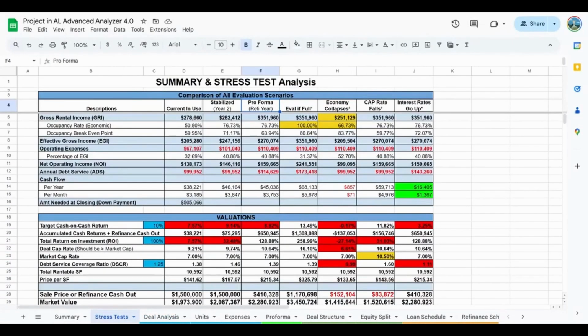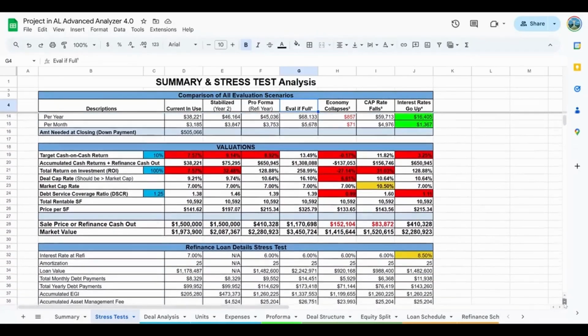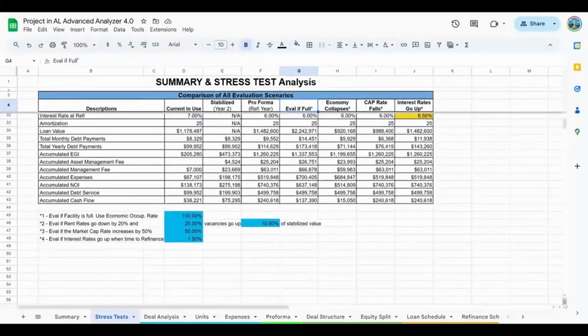And now these last 4 columns are going to be your different economic situations. So you'll notice here that they have a superscript, eval if full is 1, 2, 3, and 4. Now, in order to see what each one does, we'll scroll down here to the bottom, and you have these descriptions of what each economic situation covers.